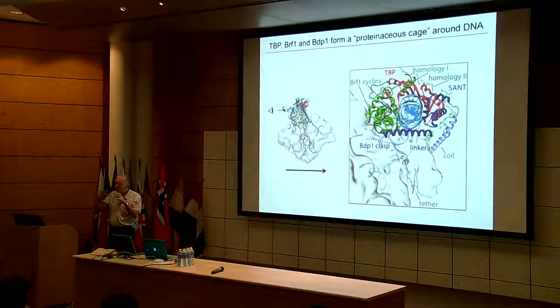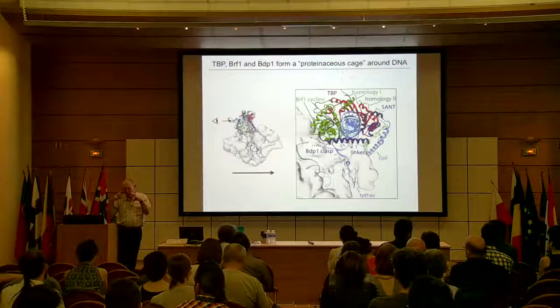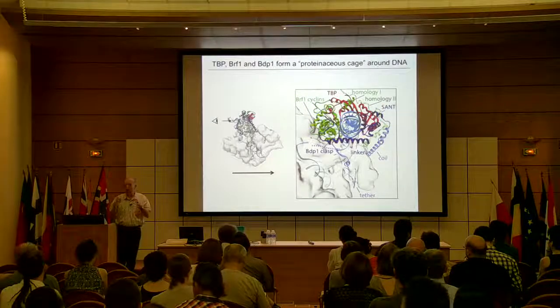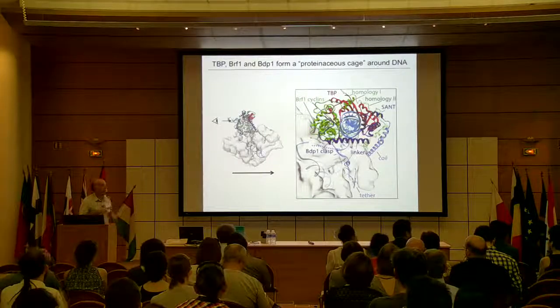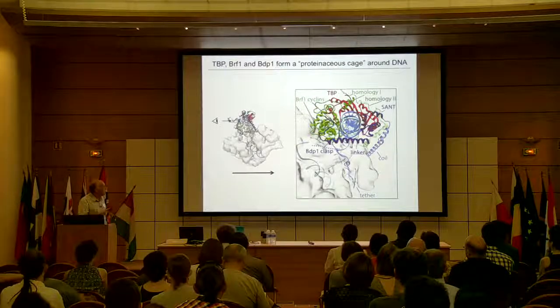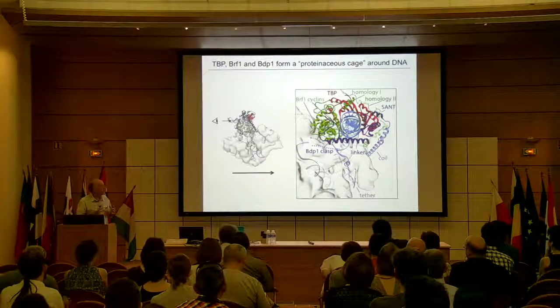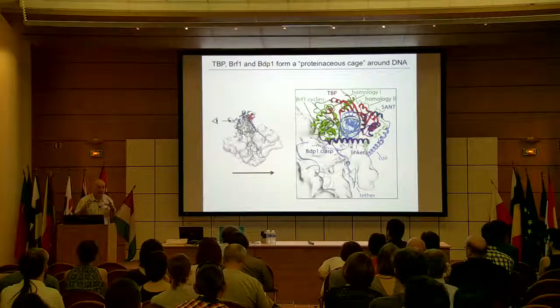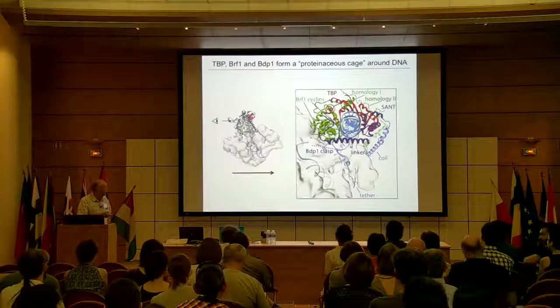So the DNA is really entered by 360 degrees by this factor, and that's why people were already suspecting something like this. It's like a proteinaceous cage around the DNA formed by these transcription factors.